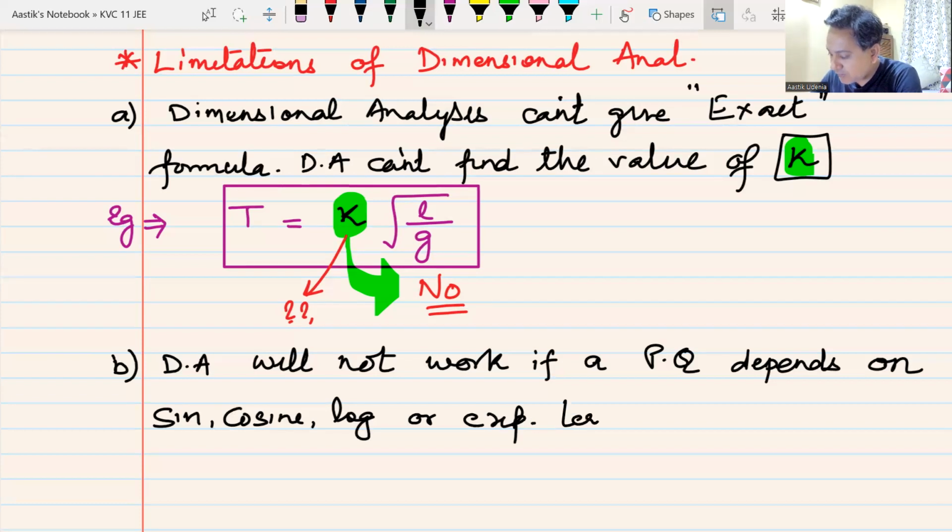We cannot derive a formula for a physical quantity if it has sine, cosine, log, tan, or exponential terms, because of the same reason that all these terms are numbers.